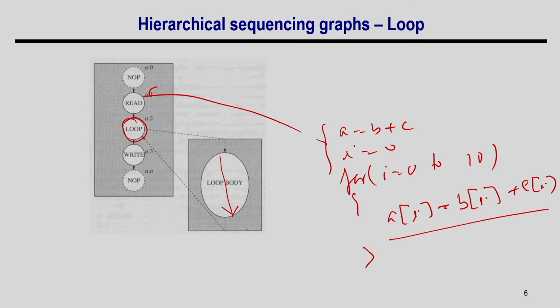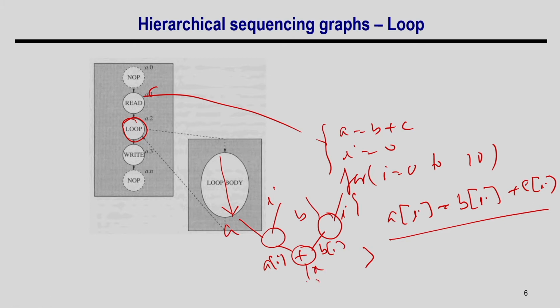The loop body has another sequence graph here, like this. You are doing a plus operation, and you have a node where you send a and i, it will give you a[i]. You have another node where you give b and i, you will get b[i], and then you get the result x.